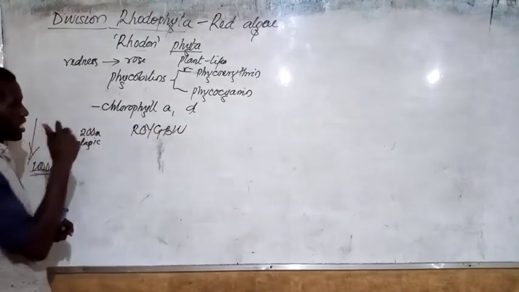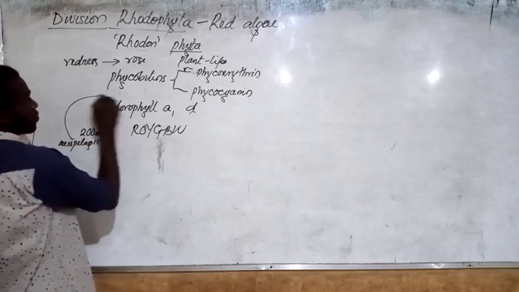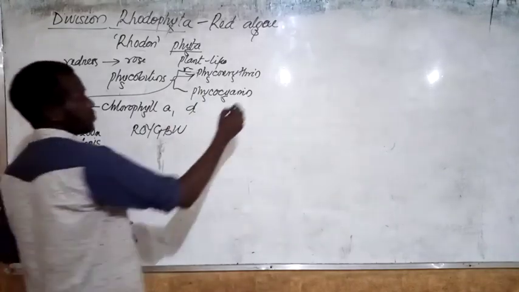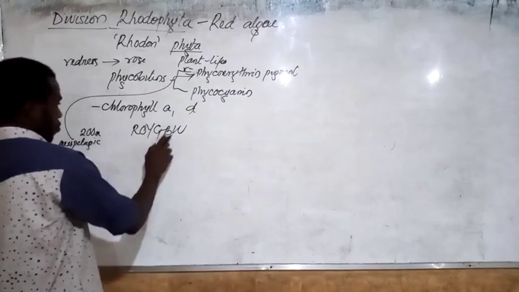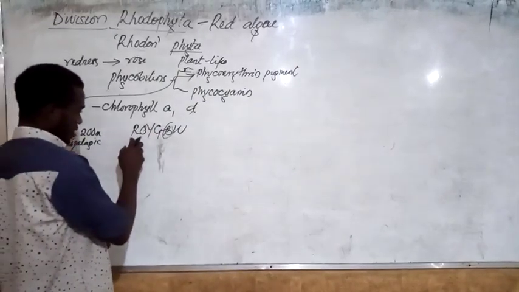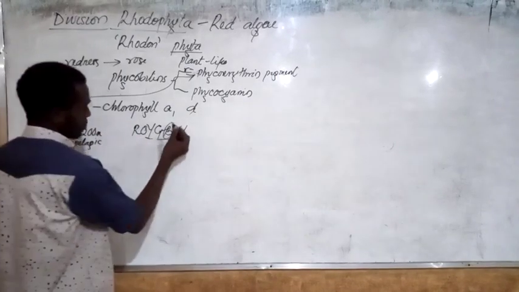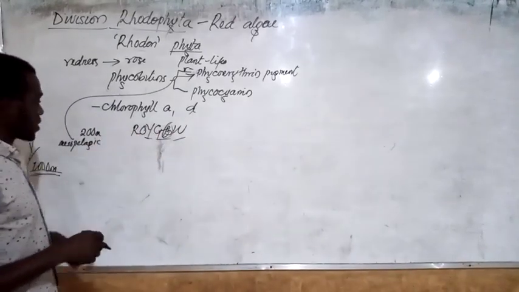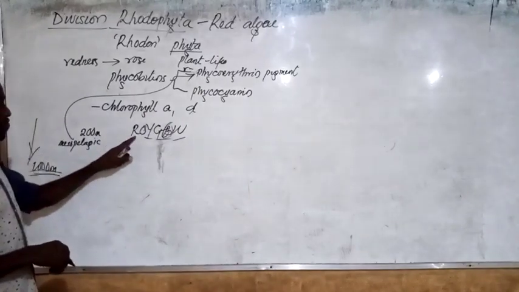So what happens is that the red algae, by virtue of the possession of this pigment, are able to absorb the blue wavelength, which is the deepest penetrating. All of this spectrum of light also penetrates, but the deepest penetrating is the blue wavelength. So it absorbs the blue wavelength to be able to photosynthesize, and it also reflects the red.